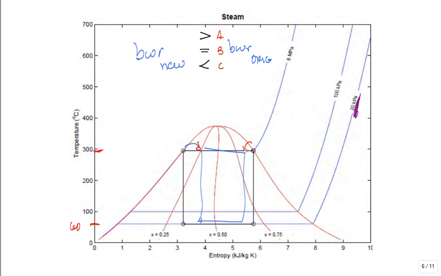Now we'll start taking your answers. What was the back work ratio before? I forgot, Professor. Oh, it was around 31.5%. That's what it was originally. Don't worry, this is a very tough question.